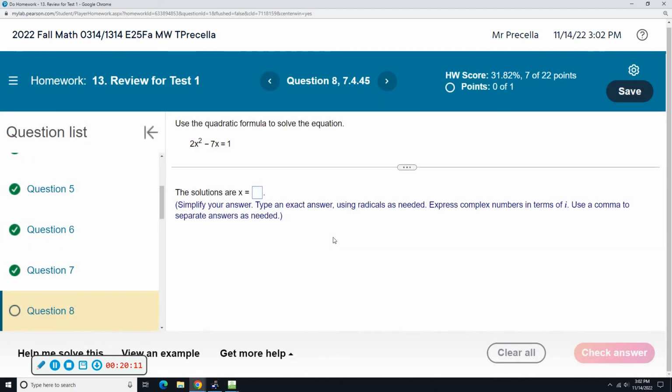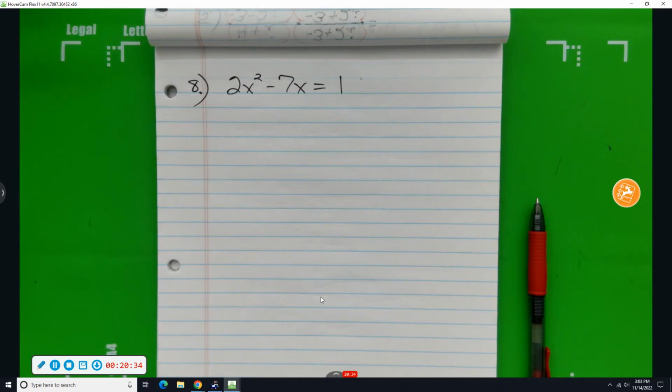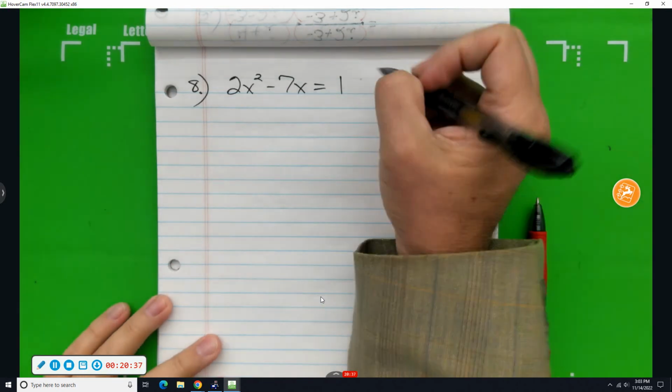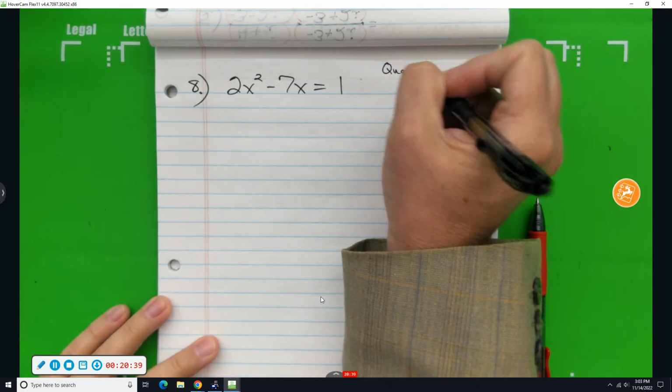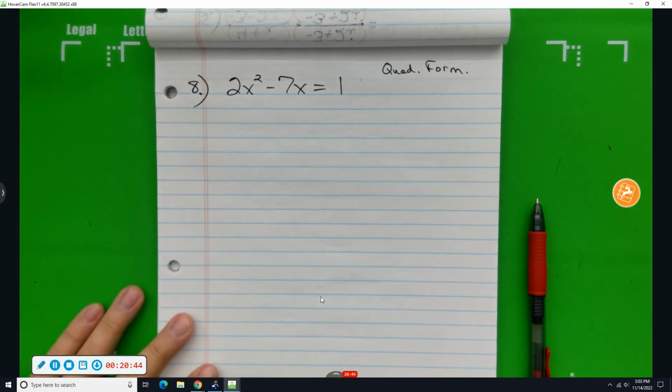Number 8. Use the quadratic formula to solve the equation. Here's the equation: 2x squared minus 7x is equal to 1. If we're going to use the quadratic formula, we need the equation set equal to 0.